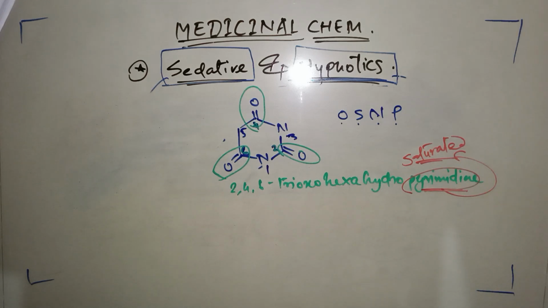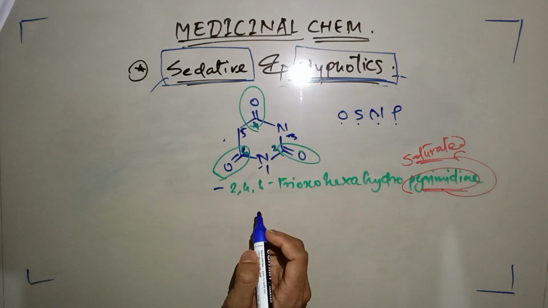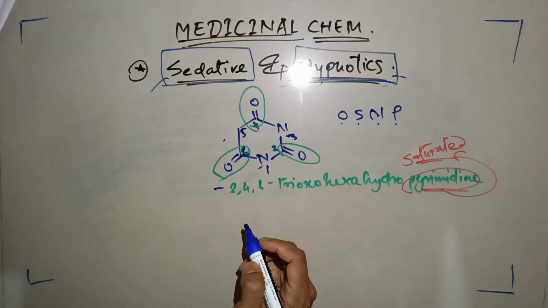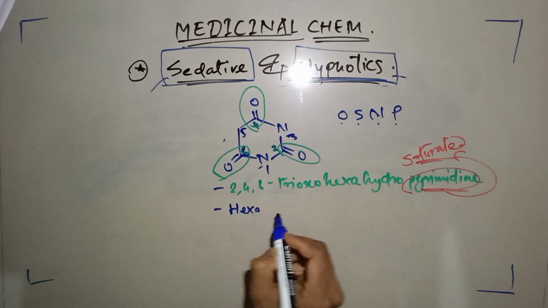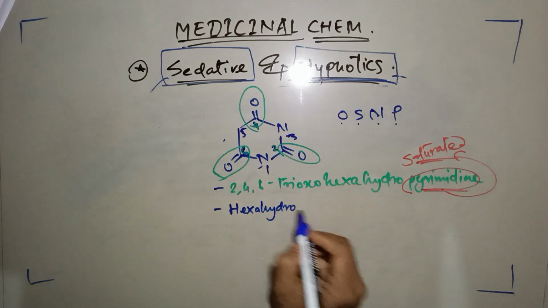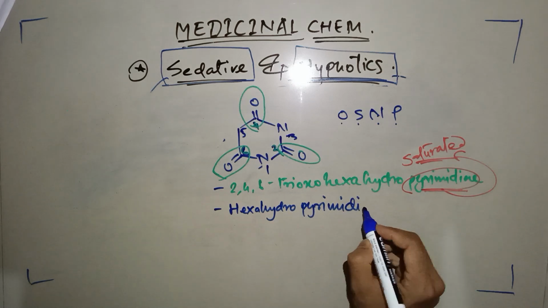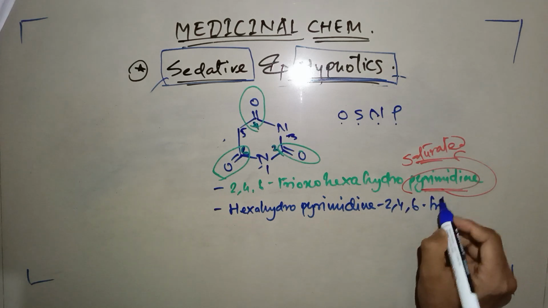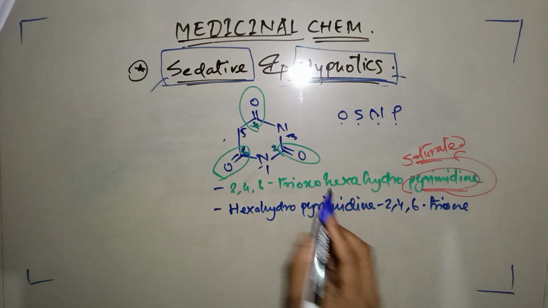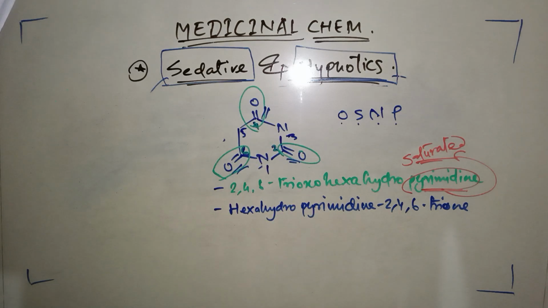That is the first point. Second, the other name of this structure is hexahydropyrimidine-2,4,6-trione, because a ketone group is present. You can also consider it as 3 ketone groups.